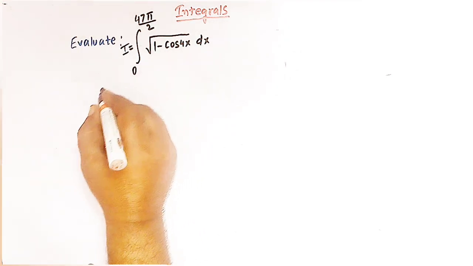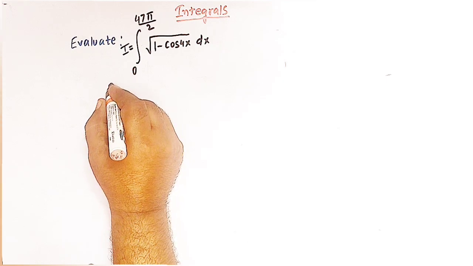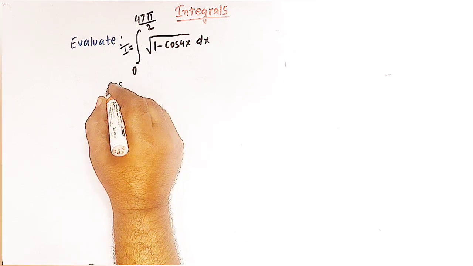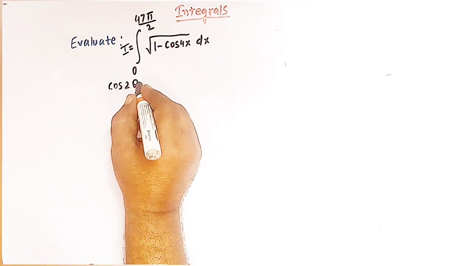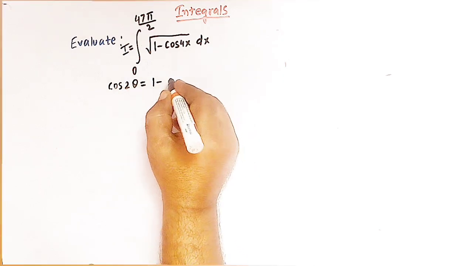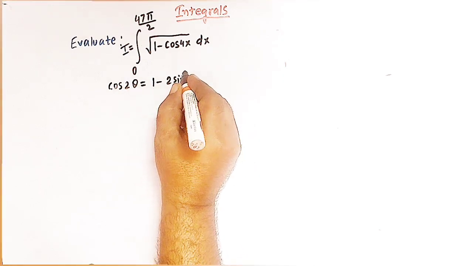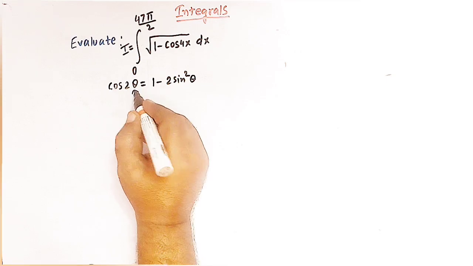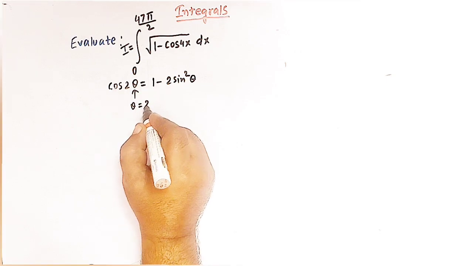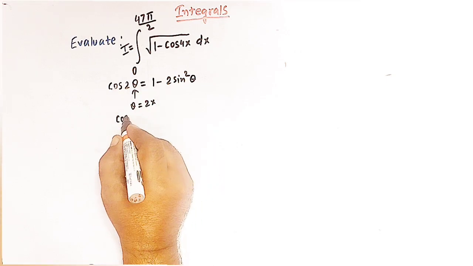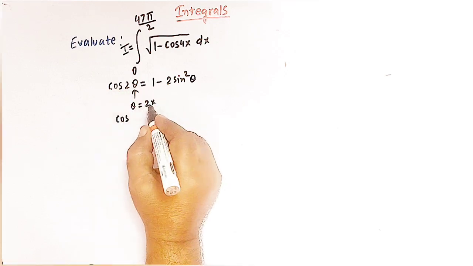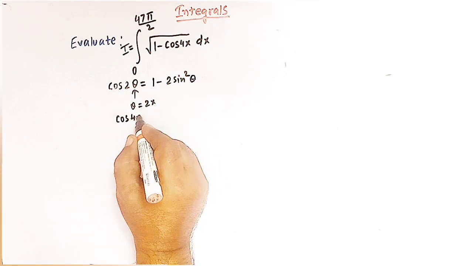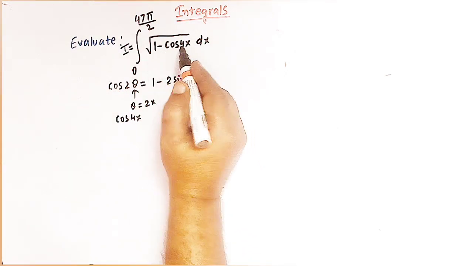Now see, we know this important identity, that is cosine 2 theta is given by 1 minus 2 sine square theta, right? Now if we replace this theta by 2x, then we get 2 times 2x, that is cos 4x.